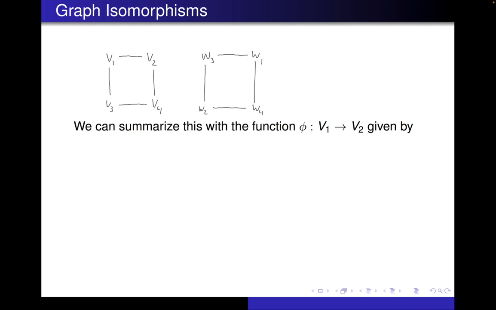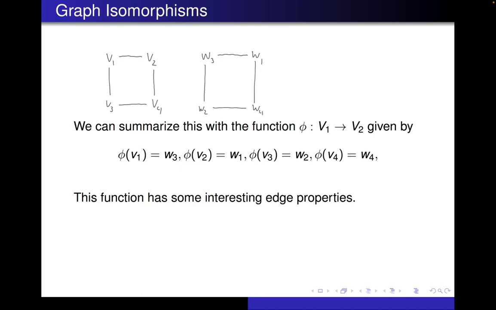The function, I'm going to call it phi, just to be fancy, goes from the vertices in V1 to the vertices in the second graph. And we get phi of V1 is equal to W3 because they play the same role. Phi of V2 equals W1 because they play the same role. Phi of V3 equals W2 and phi of V4 equals W4 because they play the same roles.